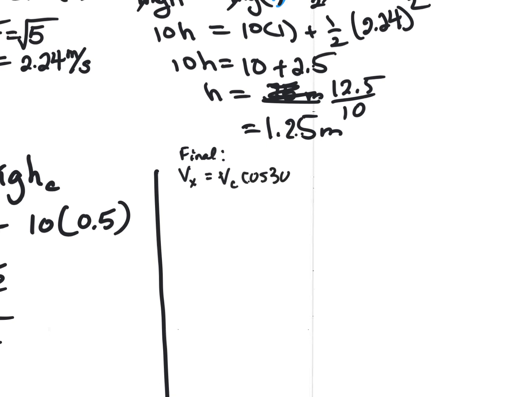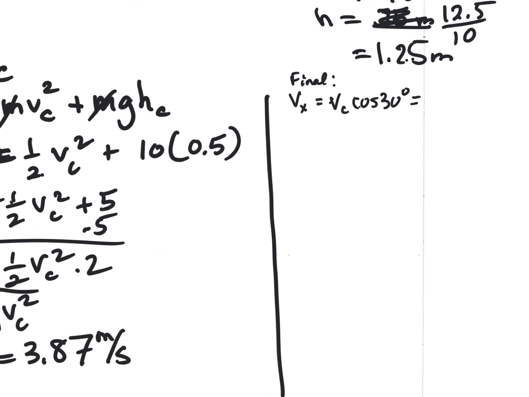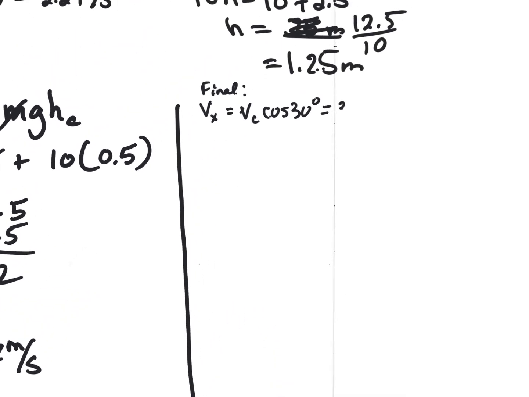That means it is going to be 3.87 times the cosine of 30 degrees. So I'm going to take that 3.87, multiply it by cosine 30, and I get 3.35 meters per second. Okay, so there's my final velocity in the x direction.